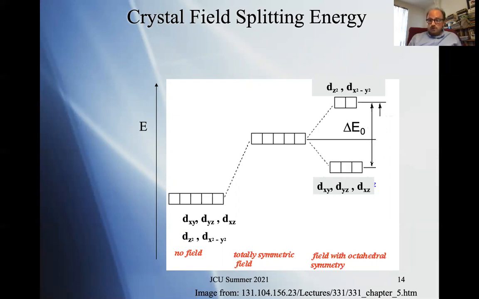So the importance of crystal field theory is that it shows us where this energy split comes from. And really the whole gist of going through this is that this energy gap is where the color comes from in these complexes.